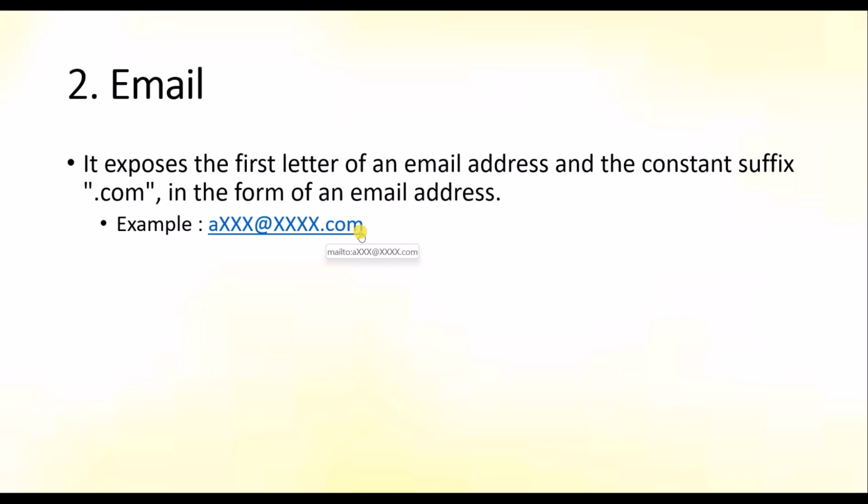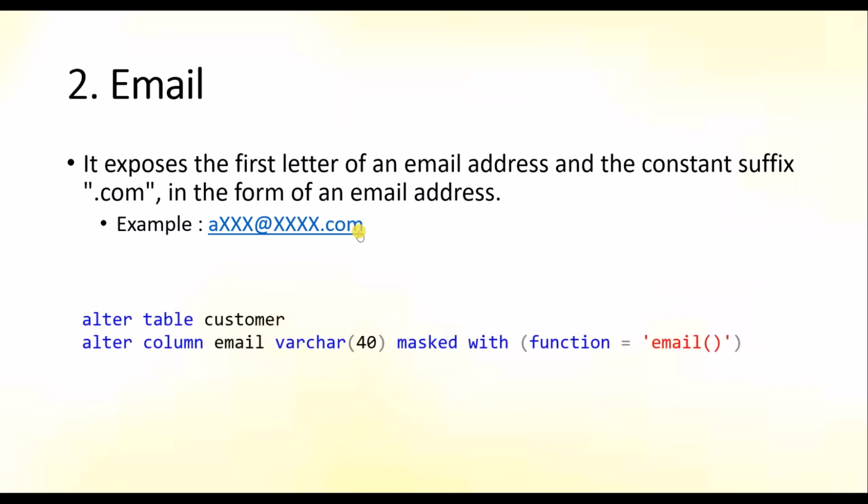So you can apply this email function to hide your email address. And the T-SQL script is ALTER TABLE customer, ALTER COLUMN name, give the data type, and ADD MASKED WITH function email. Let's see a demo.